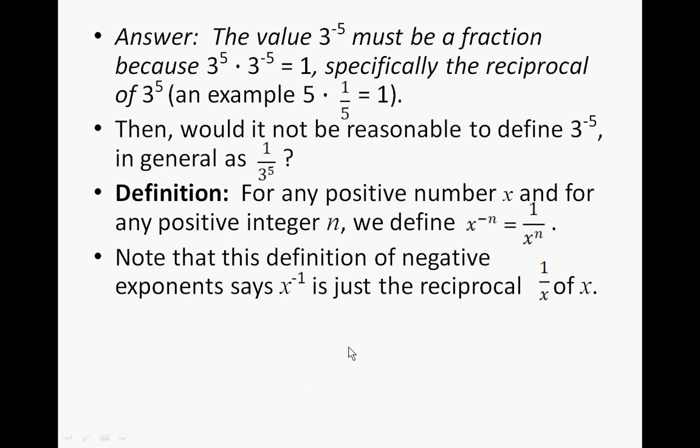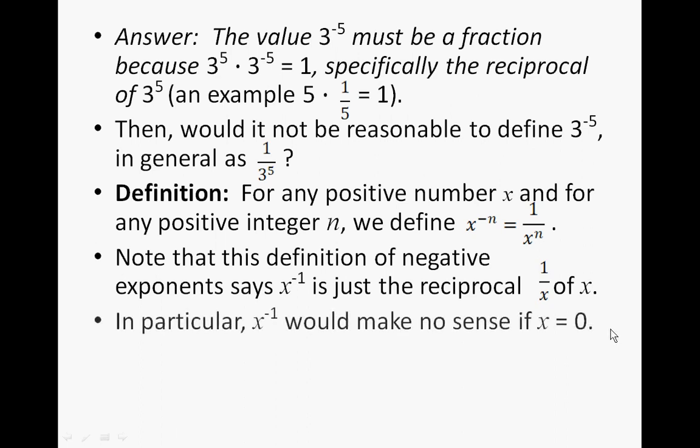Because if we're just talking about negative exponents, then x to the negative first power would be 1 over x. So in particular, x to the negative first power would make no sense if x was equal to 0, because again, we can't have 1 over 0. So that's why this can't be 0.